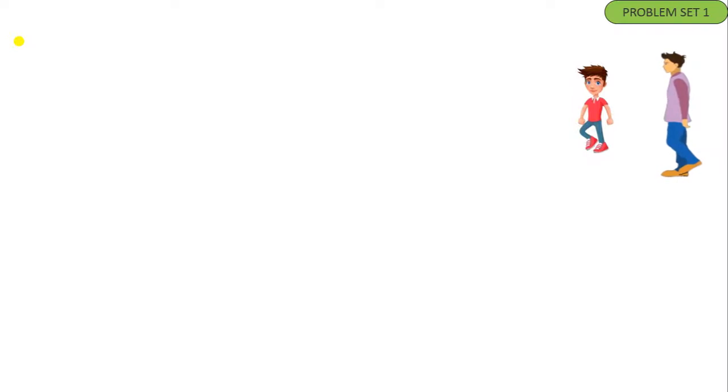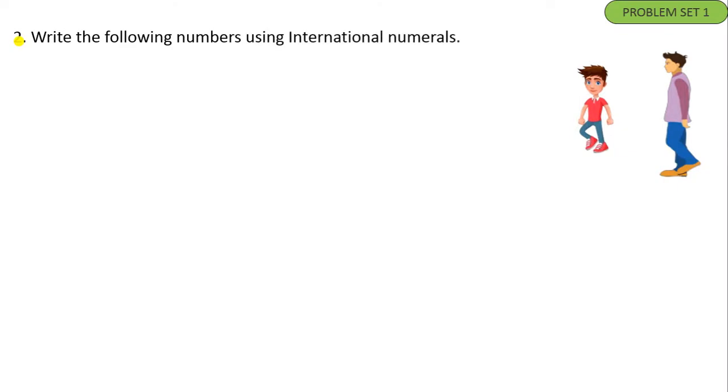Let us see the next question. Write the following numbers using international numerals. Here, we have to do the opposite of what we have done before. I mean, they give us the Roman numerals and we have to find the international numerals or international numbers for those symbols.